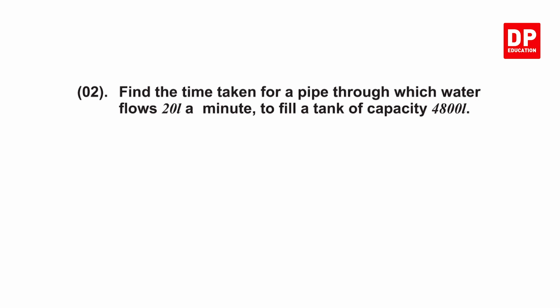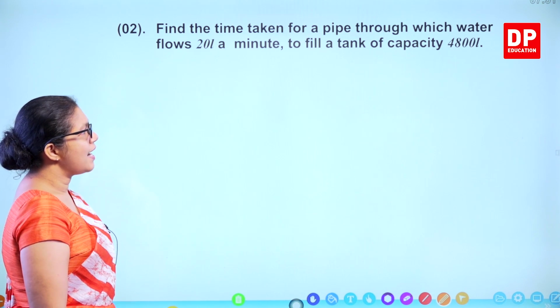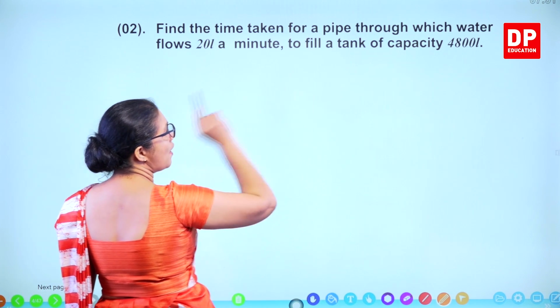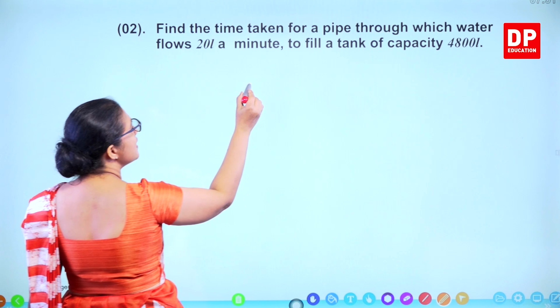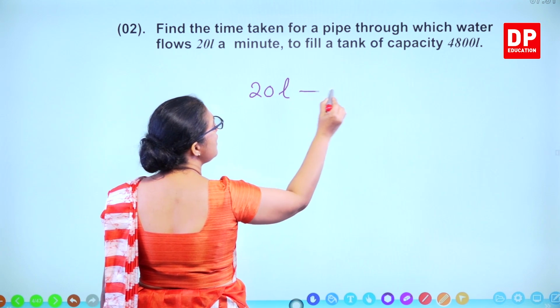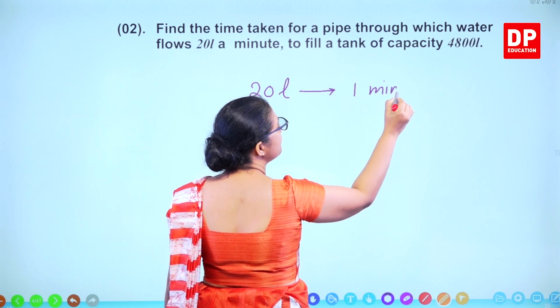Question number 2. Find the time taken for a pipe through which water flows 20 liters a minute to fill a tank of capacity 4,800 liters. So the full capacity is 4,800. 20 liters means 1 minute. So you can write 20 liters to fill, it takes 1 minute.